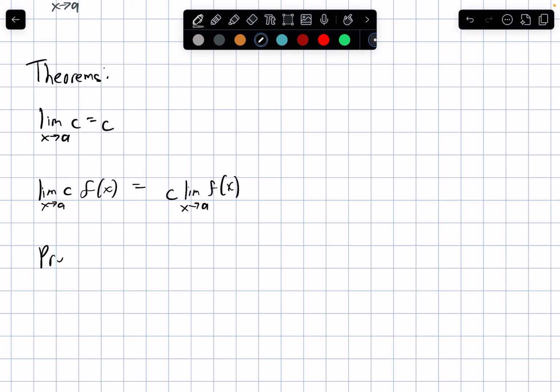So number 3. We want to presume that the limit of f of x as x approaches a is equal to L, and the limit of g of x as x approaches a is equal to R. So what does L and R mean? Basically left and right.